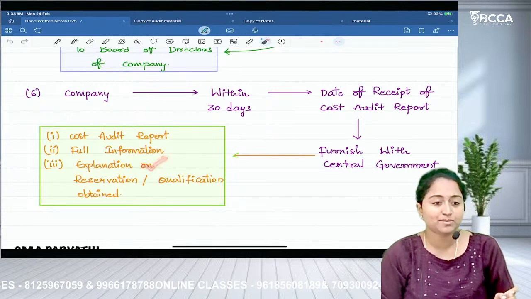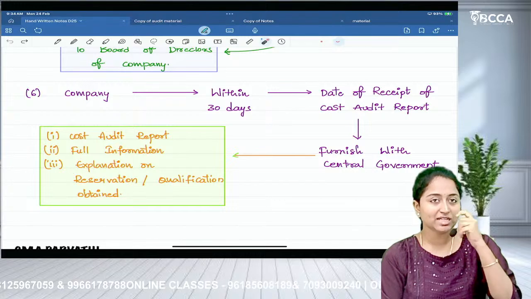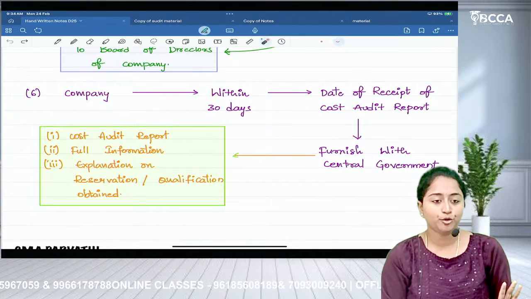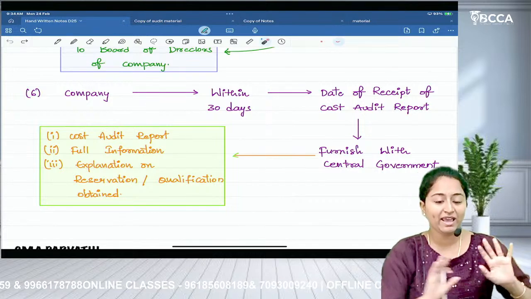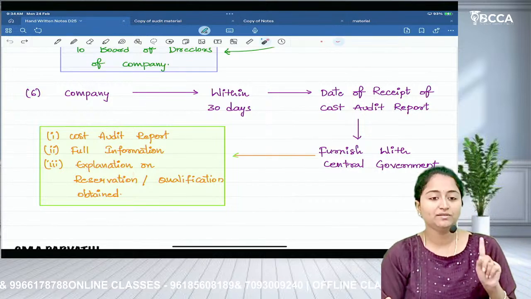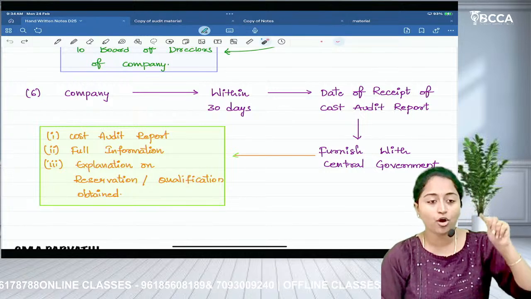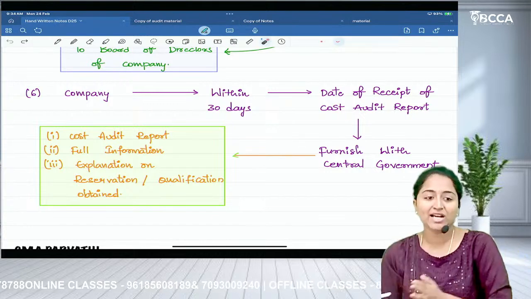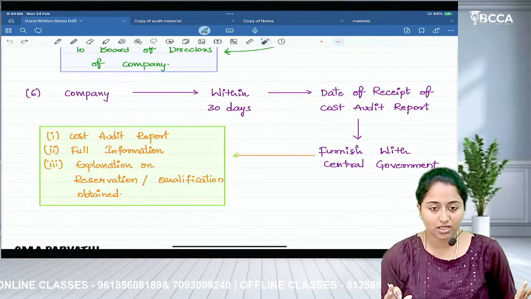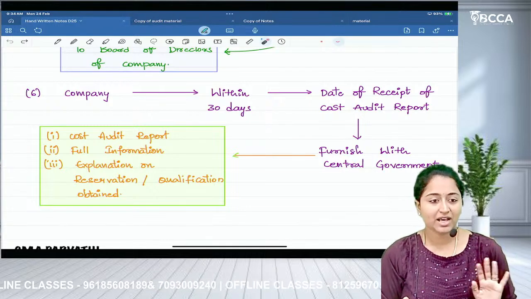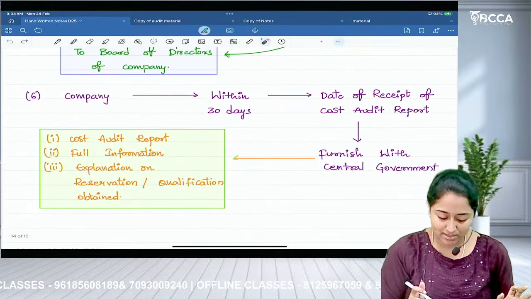And they have to give explanations on reservations and qualifications obtained, which means whatever result is given in the cost audit report, whether there are any misstatements or whether there is a true and fair statement regarding each and everything, whatever reservation is there, whatever qualification is obtained by that cost auditor, regarding all that information, they have to attach it with the cost audit report and furnish it to the central government. Okay, clear? Any doubts? So, this is section 148 subsection 6.